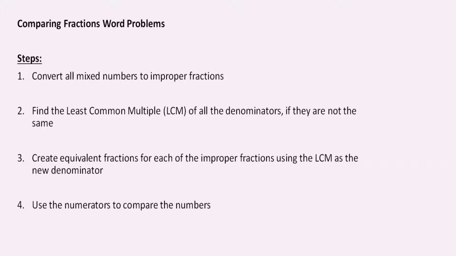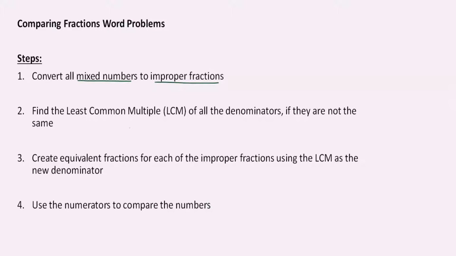Now, when you have word problems that have to do with comparing fractions, you have to examine a few things. If you have mixed numbers in the word problem, you always want to first convert the mixed numbers to improper fractions.